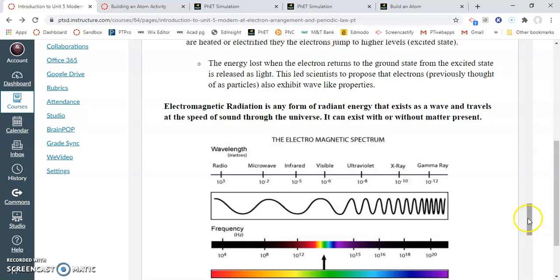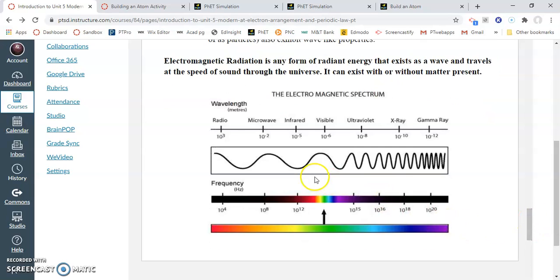And what I want you to notice on this diagram is that as the wavelength is getting smaller, the frequency is actually going up. So you can see the waves are getting tighter and tighter together. Frequency is increasing.